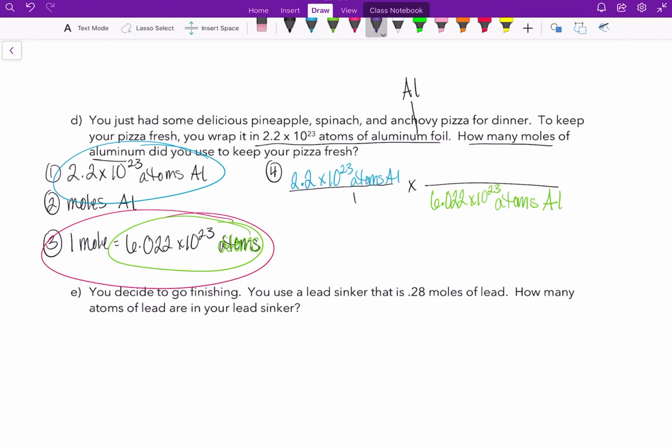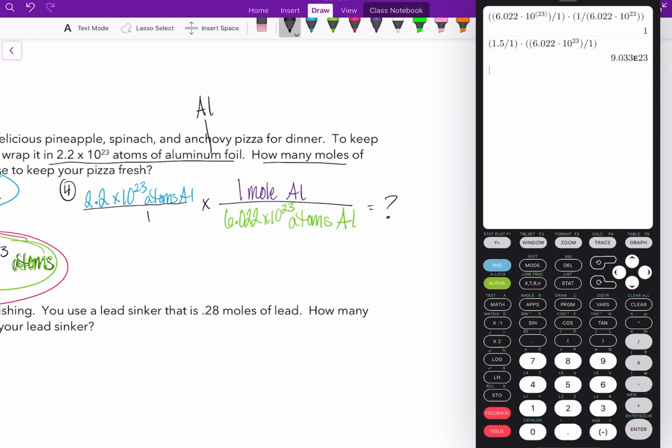And the remaining of that, 1 mole, becomes the numerator. 1 mole Al. So when we put this in our calculator, of course, we are going to nest our scientific notation. So our calculator is going to look like this.